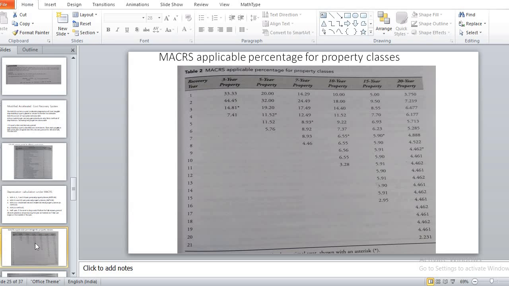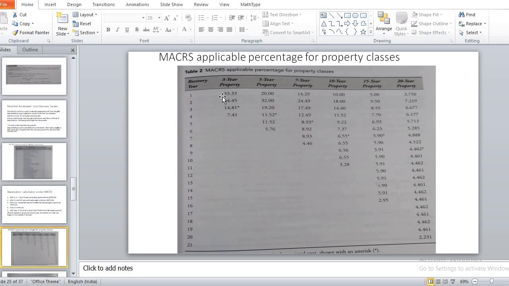So this table gives 6 personal property classes: 3 year property, 5 year, 7 year, 10 year, 15 year and 20 year property. For these property classes, these are the number of years, and for each year we can see how much recovery rate we can use for the class.